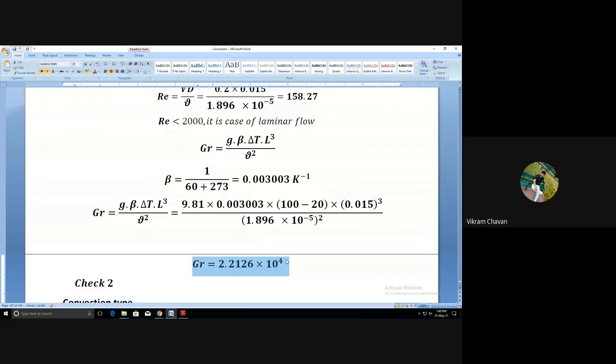Okay, so Reynolds number 158.22, right? 0.003003 beta is right, and Grashoff's number 2.20. Okay, so some point difference into 10 raised to 4 is there or not for the Grashoff's number?